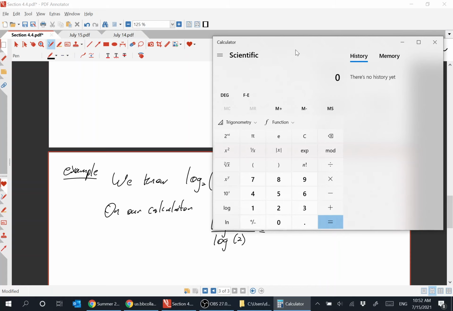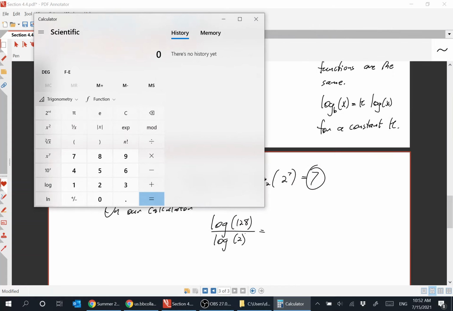So it won't give you any rounding errors when doing that kind of thing. So log of 128 divided by log of 2, and we know it's supposed to be 7. You have to use this reverse notation. So 128 log, and you get this number 2.107 something, divided by 2 log equals 7.